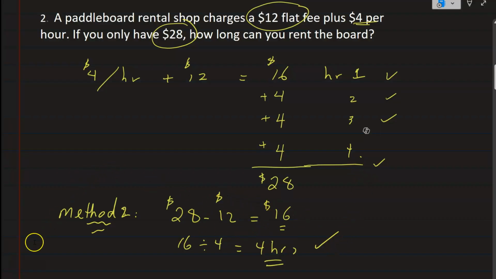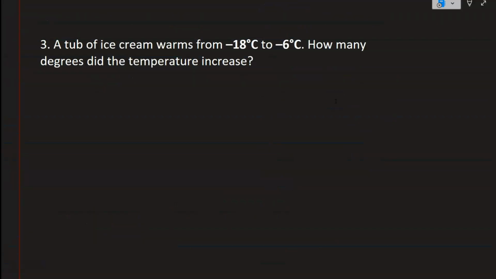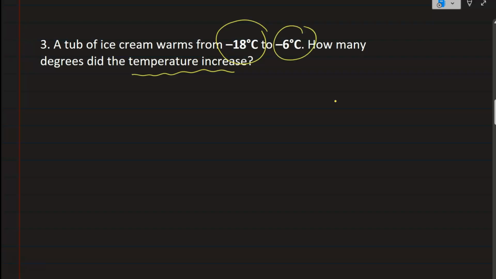All right, next question. A tub of ice cream warms from minus 18 degrees Celsius to negative 6 degrees Celsius. How many degrees did the temperature increase? Now, it's a weird thing to say, but it is true. This ice cream went from negative 18 to negative 6, and that means it's warming up, right? So how do we do that?